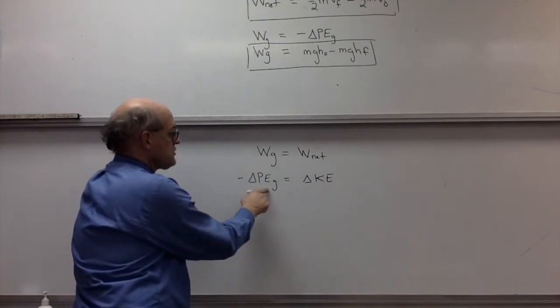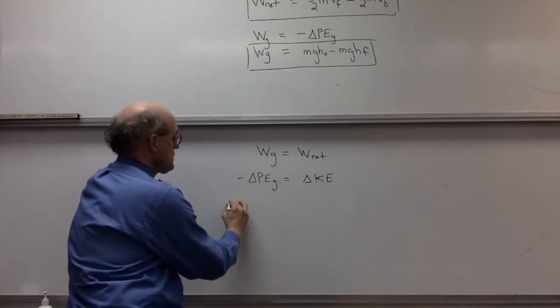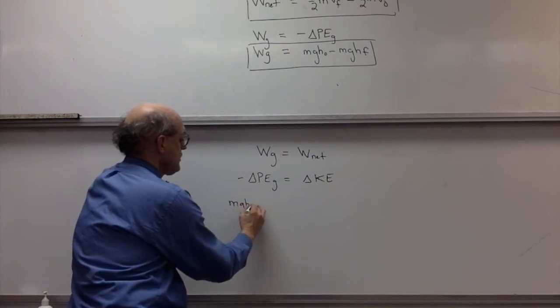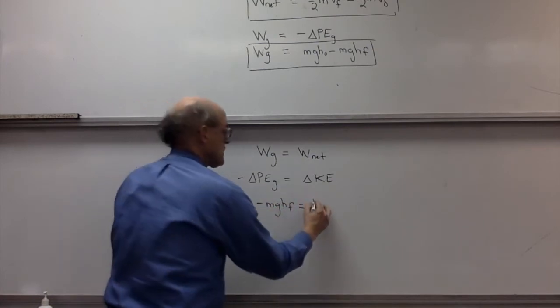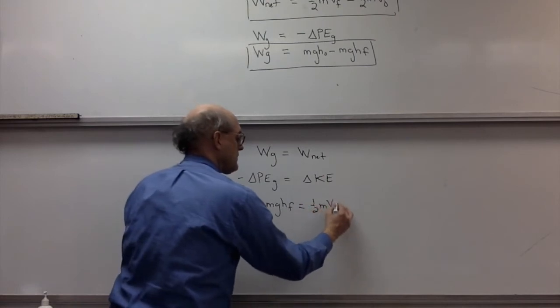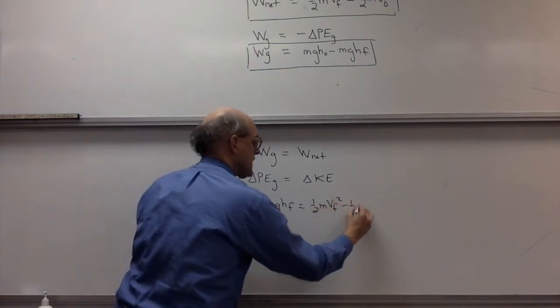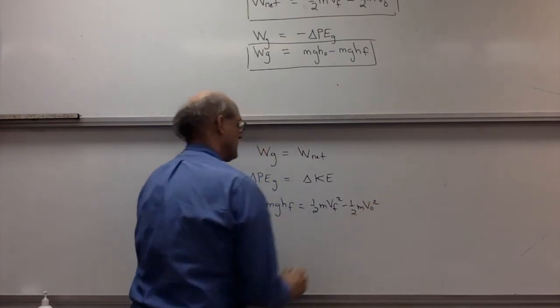So negative change in gravitational potential energy is mgho minus mghf. The change in kinetic energy is 1/2 mvf squared minus 1/2 mvo squared.